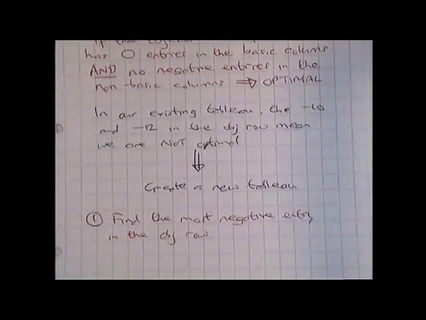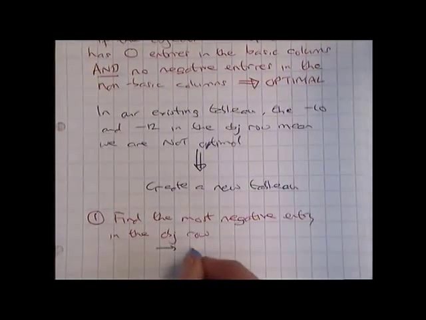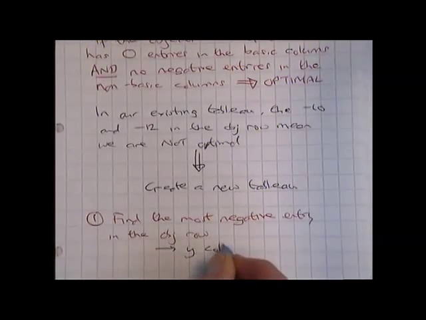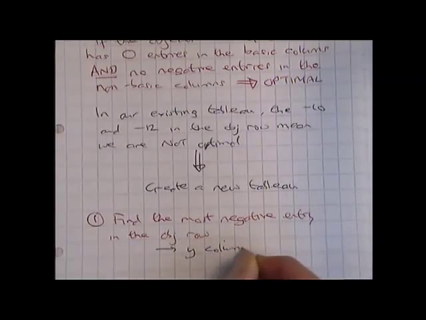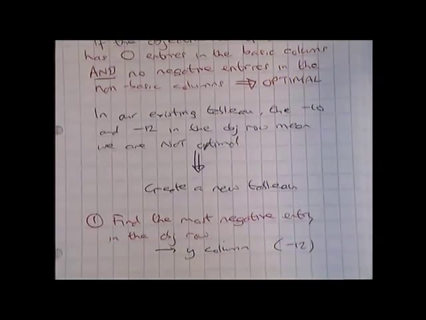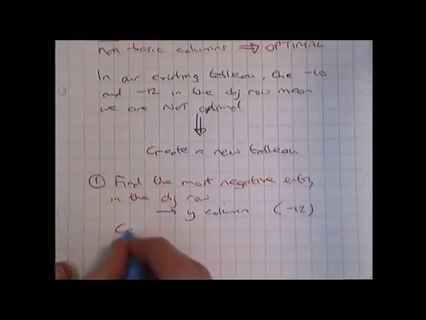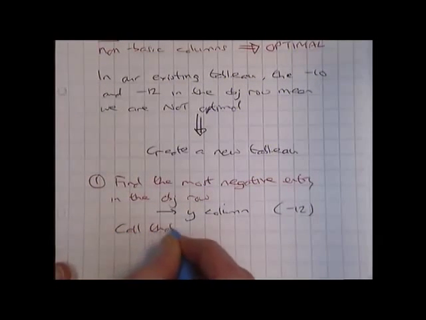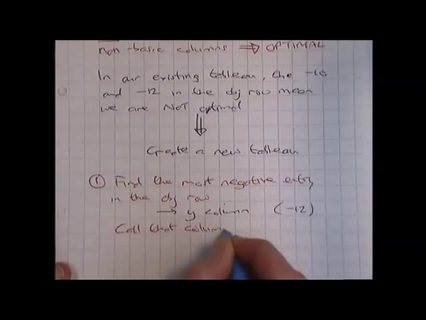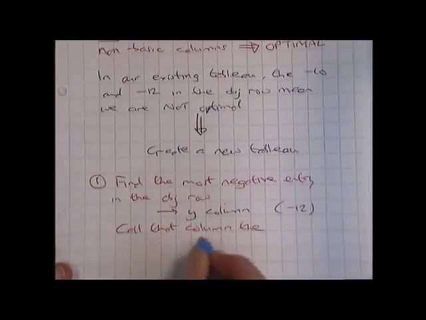The minus 12. Yeah, that one there. Okay. So we are dealing with the Y column, because of the minus 12 that was in it. You call that column the pivotal column.